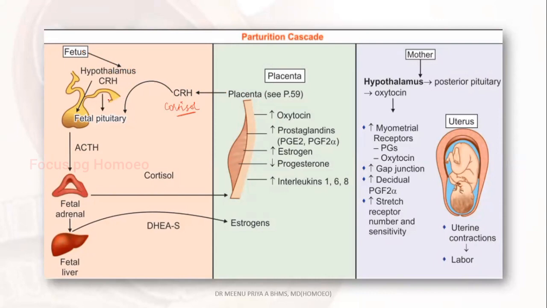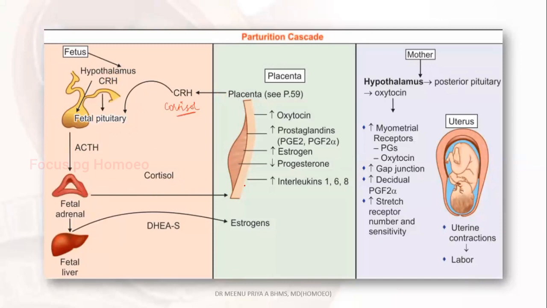stimulates the fetal pituitary. The fetal hypothalamus releases corticotropin releasing hormone, and with the placenta it stimulates the fetal pituitary, which produces adrenocorticotropic hormone, and this stimulates the fetal adrenals. The fetal adrenals again produce cortisol, and this is a cyclical mechanism.